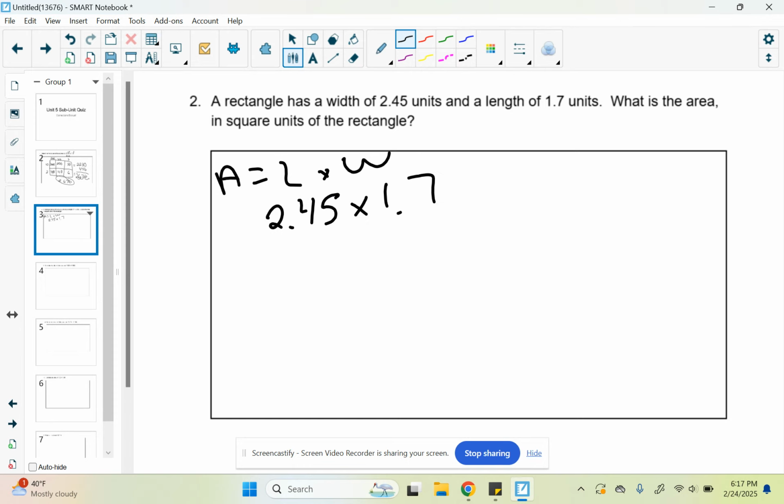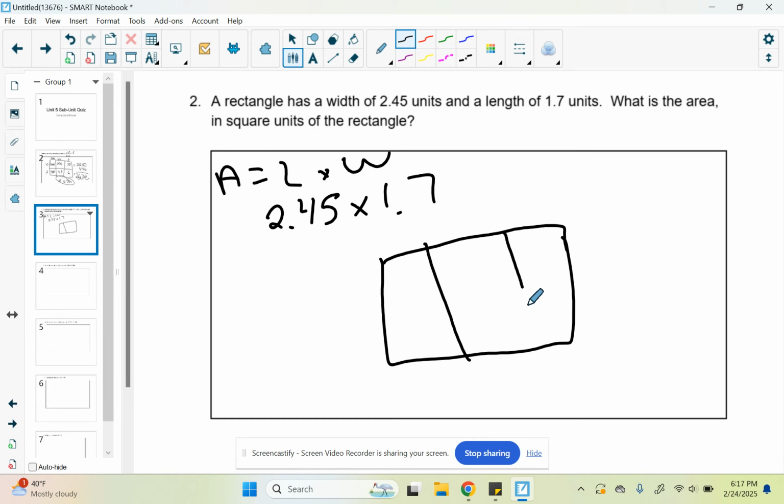We set this up just like last time, taking out the decimals. My first number has 3 digits, so I'm going to make 3 columns. My second factor has 2 digits, so we're going to make 2 rows. Without the decimal point, this is 245, and this is 17.